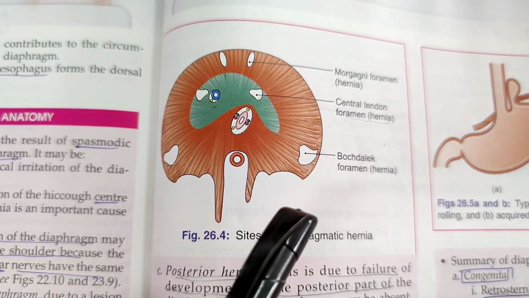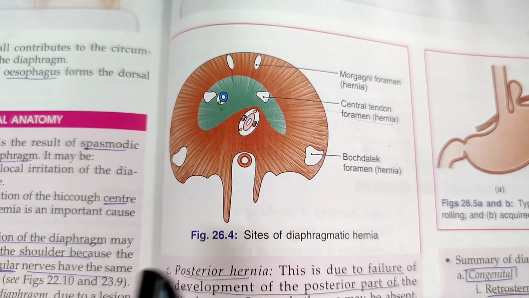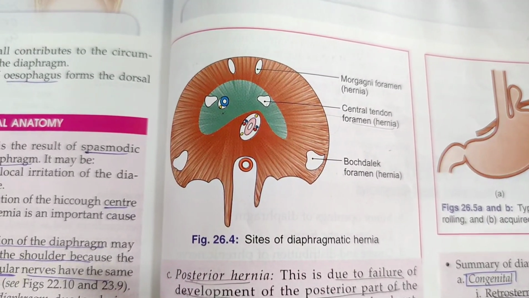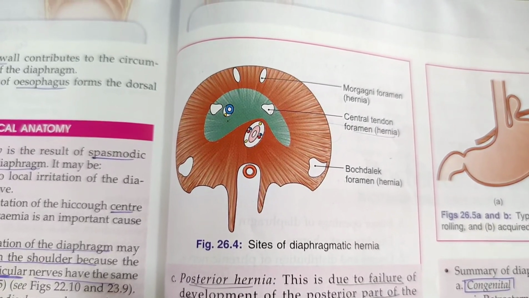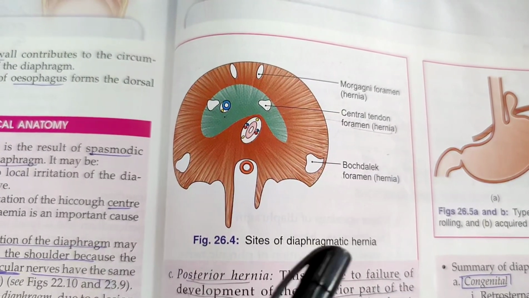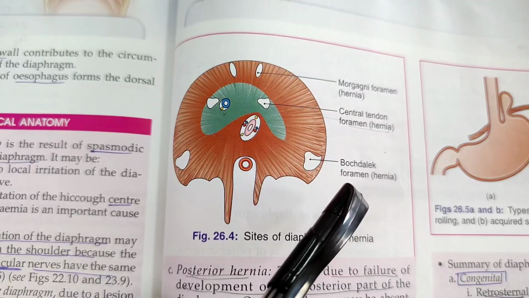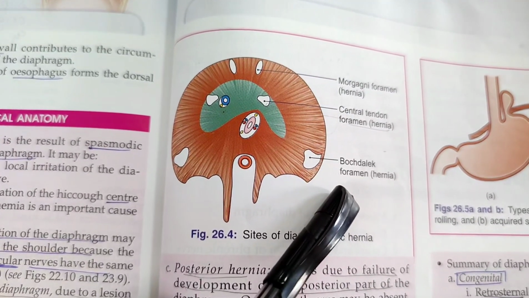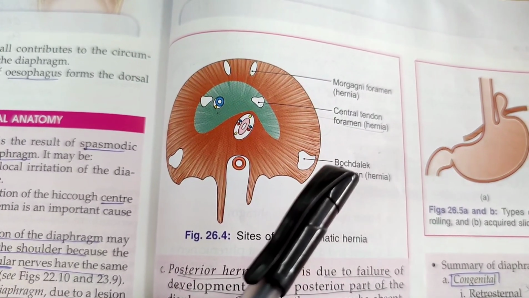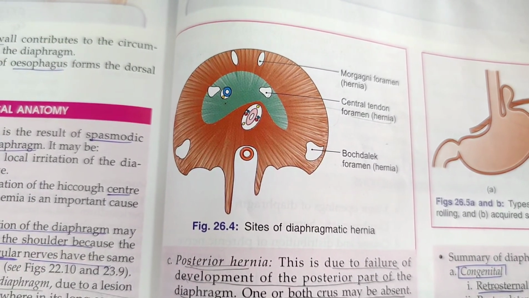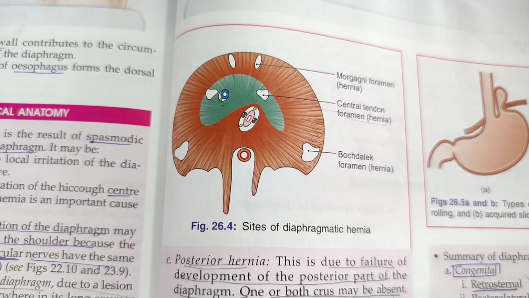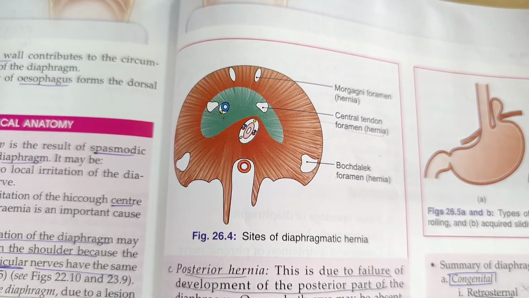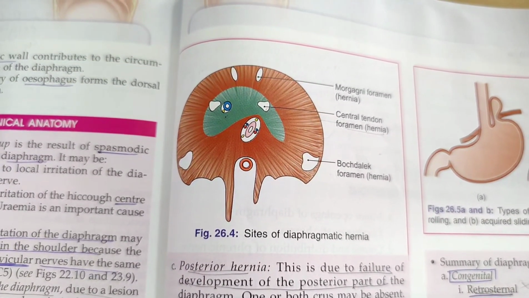This causes a gap known as the costovertebral triangle, and congenital diaphragmatic hernia may take place through the opening, and abdominal viscera may herniate into the thorax due to the positive intra-abdominal pressure, and generally it is seen on the left side. So you have to remember Bochdalek hernia through the Bochdalek triangle. It is mainly due to the failure of the diaphragm to arise from the lateral arcuate ligament.